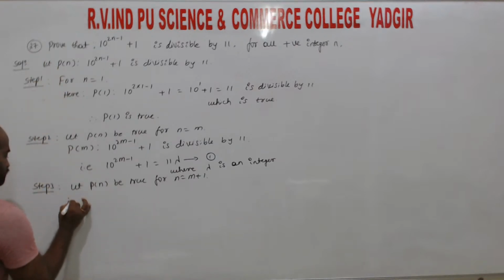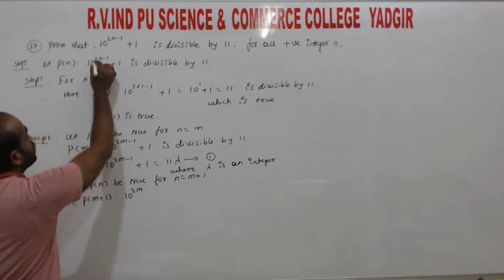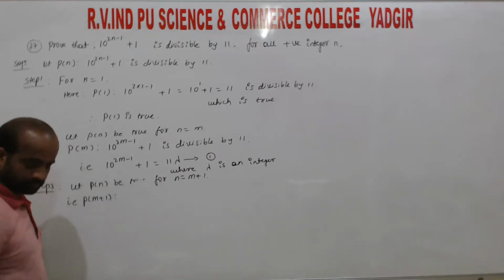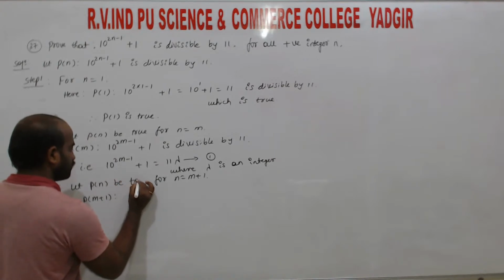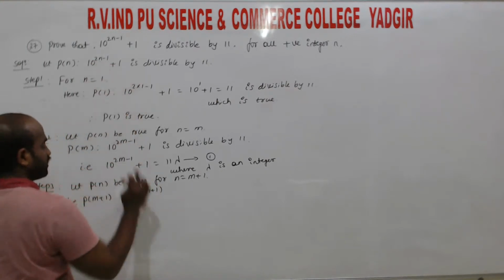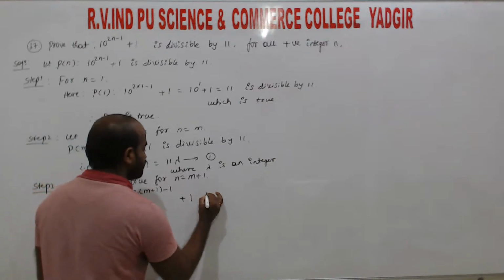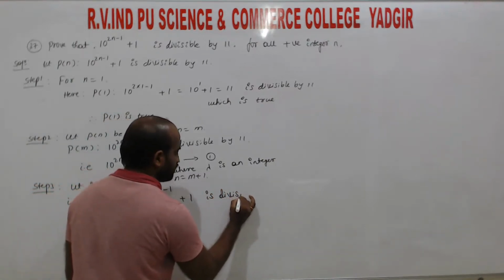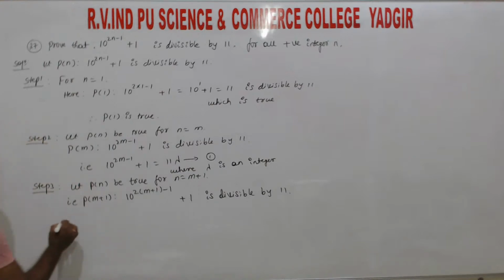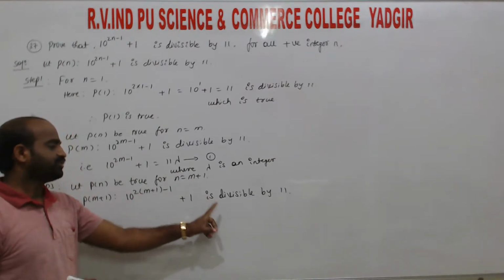That is, P of m plus 1 is 10 to the power 2 into m plus 1 minus 1, plus 1, is divisible by 11. We have to prove this statement.